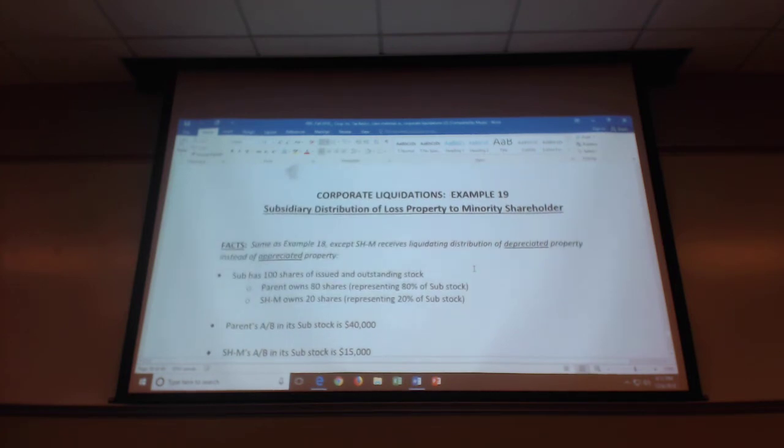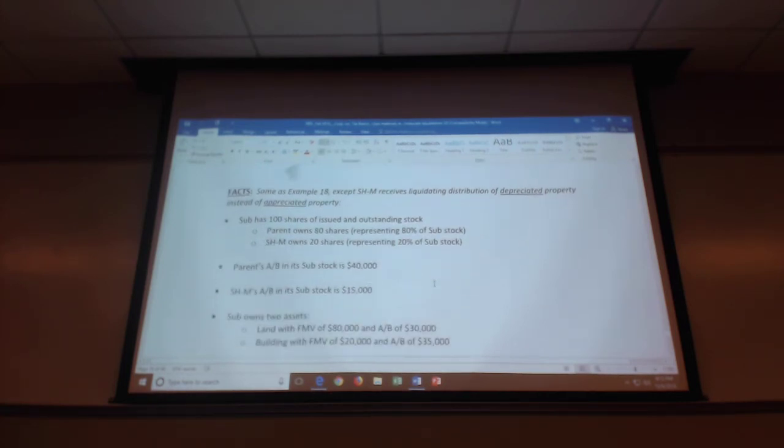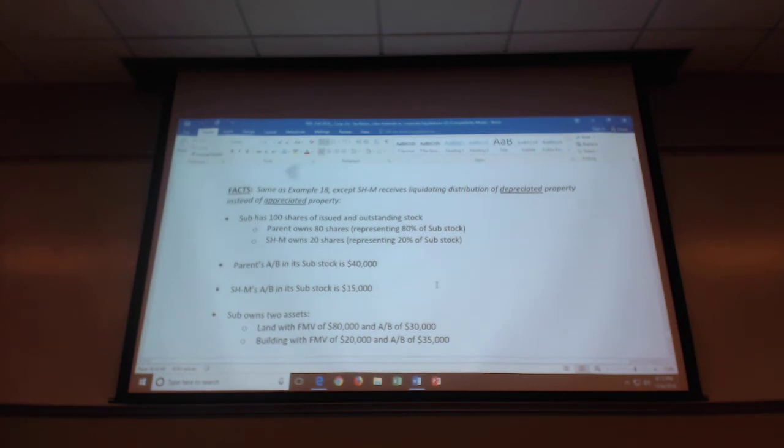I'm going to skip ahead to example 19, which is the last example. Here we have loss property. And don't worry, this is a lot simpler than the built-in loss rules we discussed earlier today.